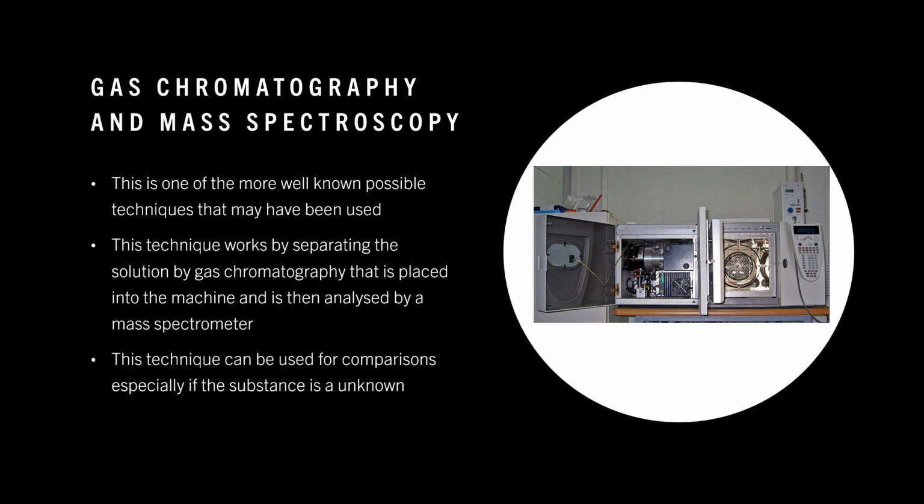Then, as I said before, the carrier gas, normally helium or hydrogen, will split it apart, and the heavier chemicals will move slower. This is due to something known as retention times.